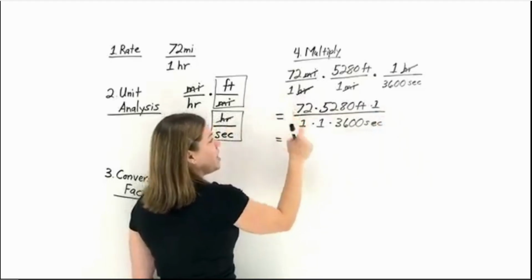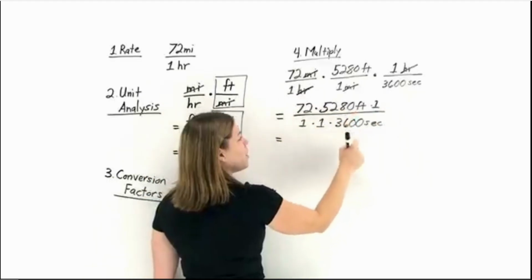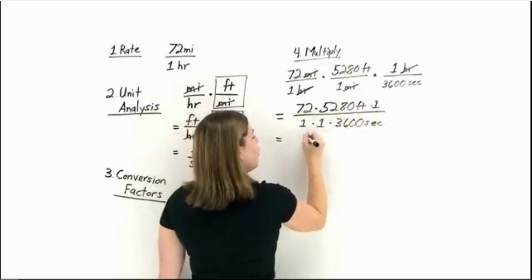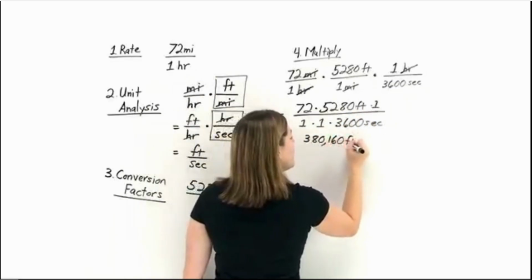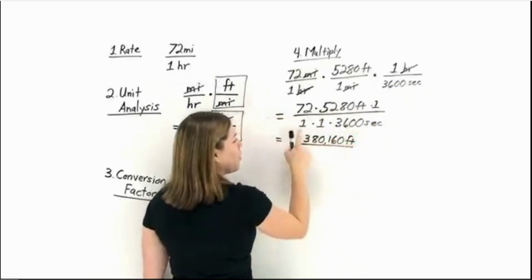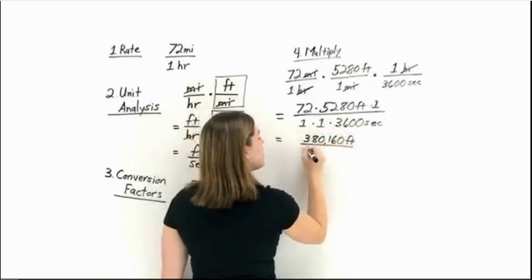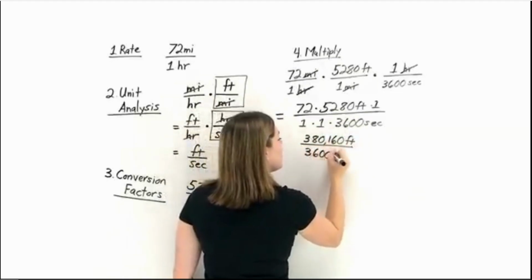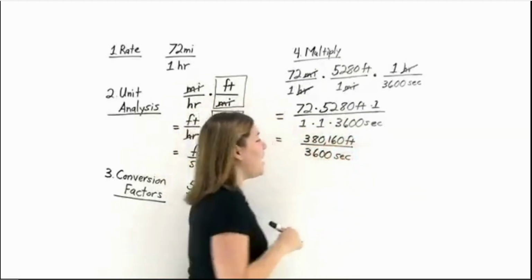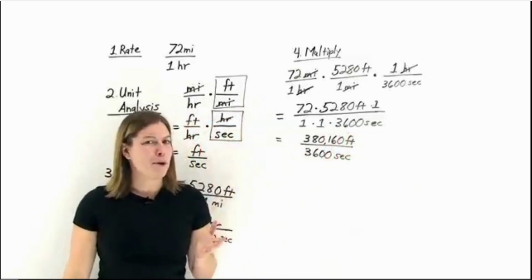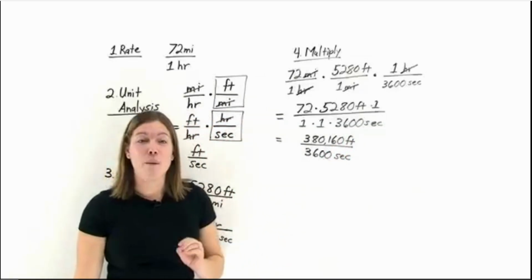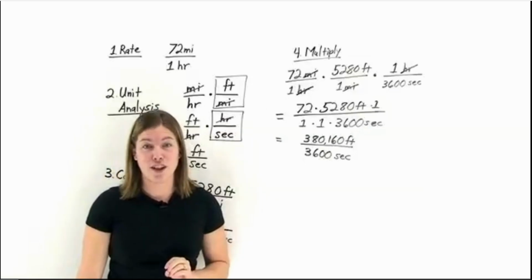When we take 72 times 5,280 feet times 1, we get 380,160 feet. In the denominator, 1 times 3,600 seconds is 3,600 seconds. And now we have feet over seconds. But remember, our problem wants us to find how many feet per second the car is traveling.